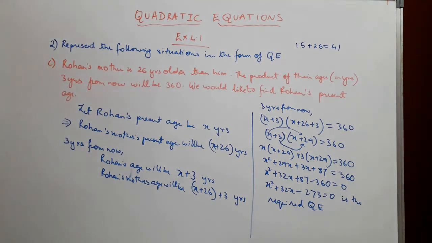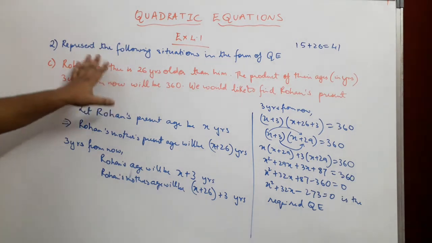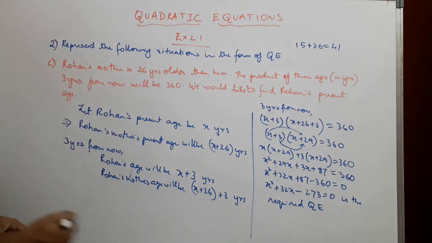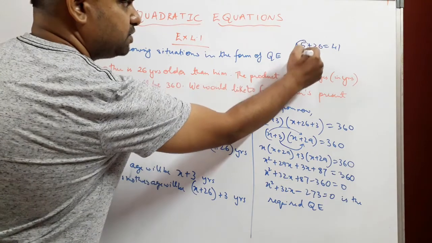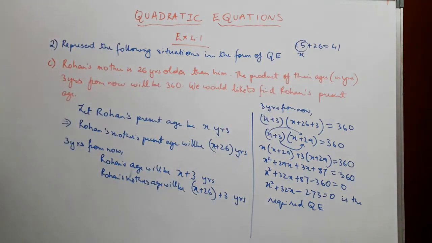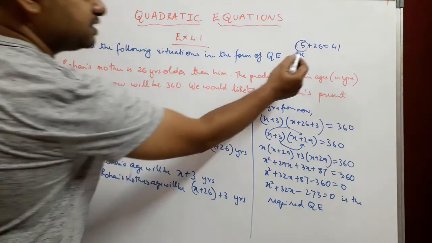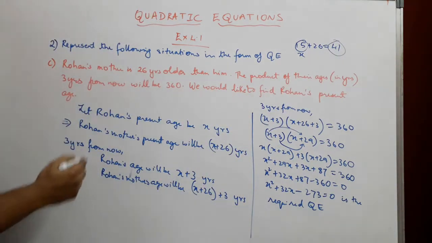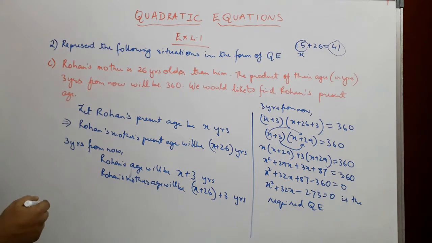Okay, that is just assuming that our mother is 26 years older than us, taking this example. Only in this case we are not given a number, we are not given Rohan's age, we are assuming Rohan's age. So instead of 15 we have assumed it to be x. So obviously it is x plus 26 that should give us his mother's age, which we don't know.